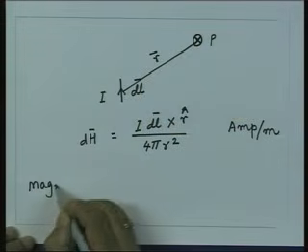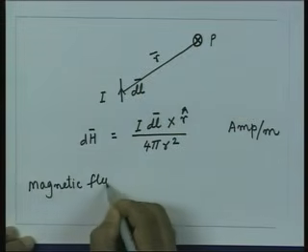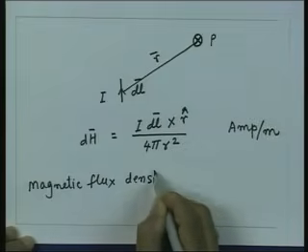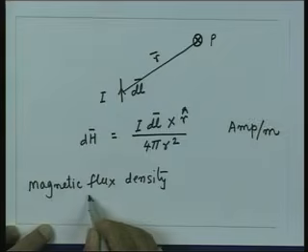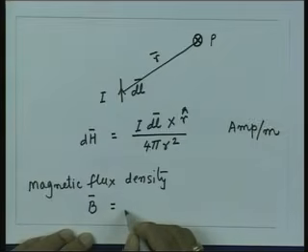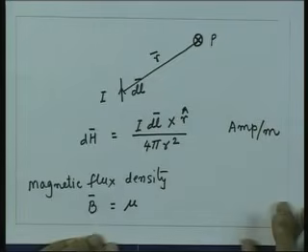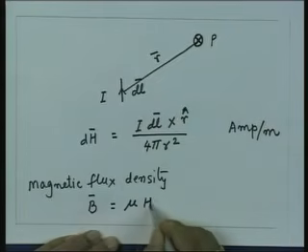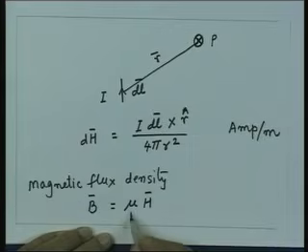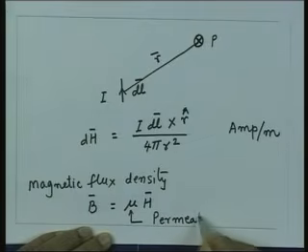The quantity which relates to the medium parameter is the magnetic flux density. So, the quantity which we define now, called the magnetic flux density, is denoted by B, and is equal to a medium parameter called the permeability of the medium times the magnetic field strength H. So, this quantity mu is called the permeability of the medium.